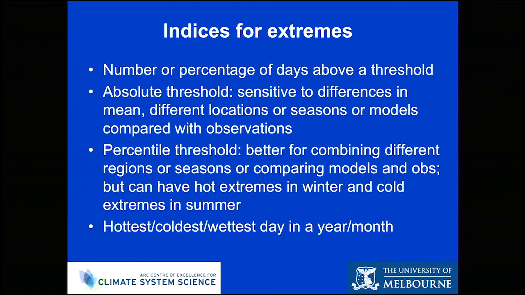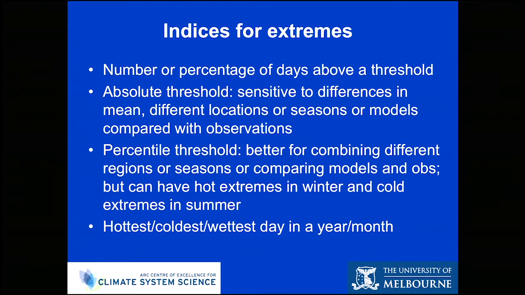But it's important to understand some of the limitations. For instance, if you pick an absolute threshold like 40 degrees Celsius or 25 degrees Celsius, the number of days above that threshold is going to be sensitive to, for instance, differences in the mean, shifts in the location, or to climate change, potentially.